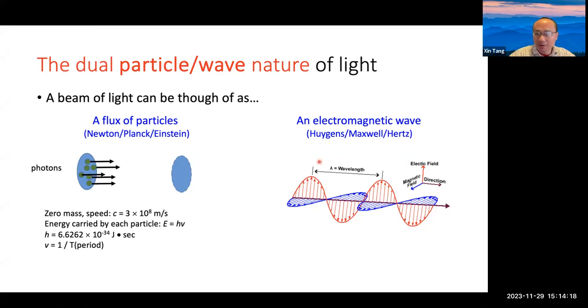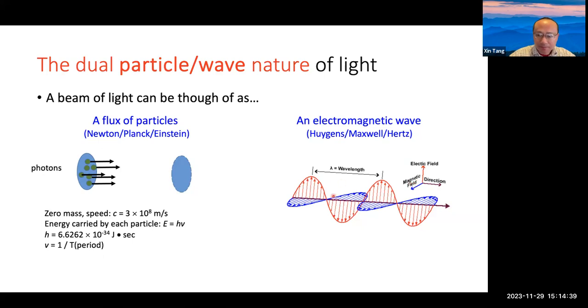Okay, so for this light, if you measure the electric field and the magnetic field, you will find these two fields are coupled together. The electric field is much stronger. The magnetic field is weaker, but still exists there.